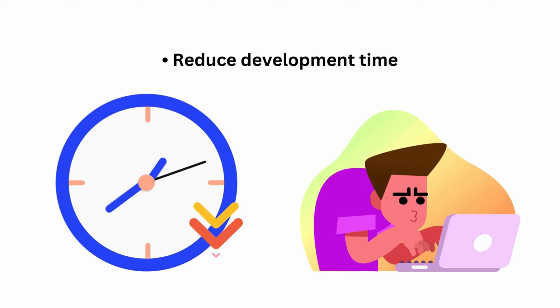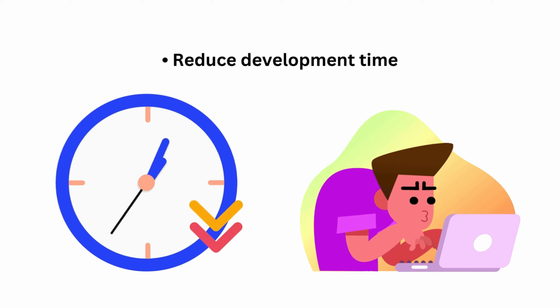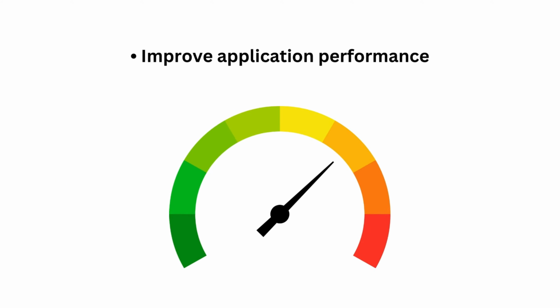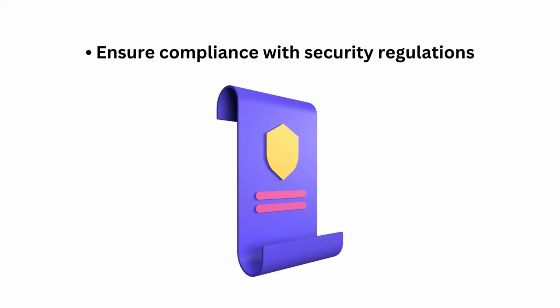No more wrestling with vulnerabilities or managing bloated images. Improve application performance. Smaller image size leads to faster deployments and a smoother runtime experience. Ensure compliance with security regulations. The transparency and auditability features of Chainguard images make them ideal for regulated environments.